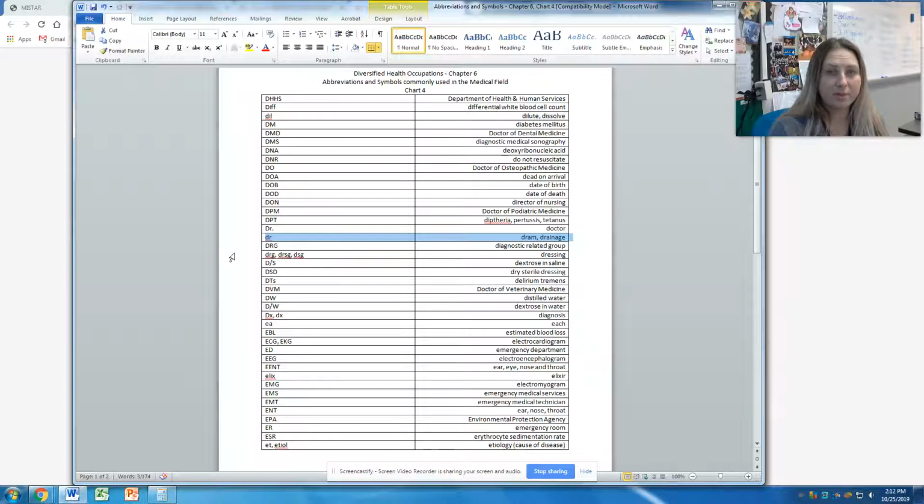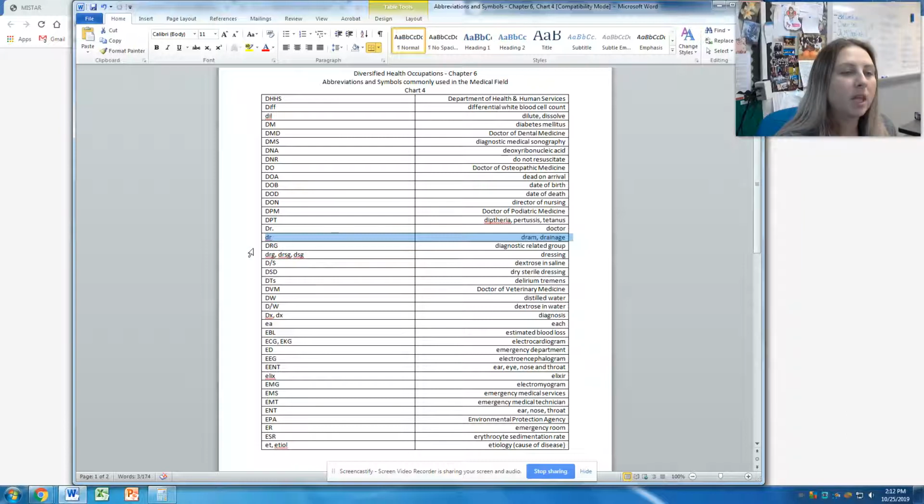The abbreviation for that would be DR. Then the dram, this is a unit of measurement. It was used by apothecaries, so it's still technically used in medication more to measure the volume of the pill container. But a dram, I think, is 27 grains, and a grain is a measurement of medication. So it's a measurement in medications.